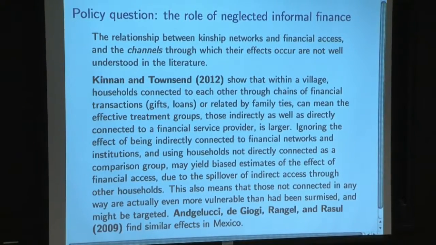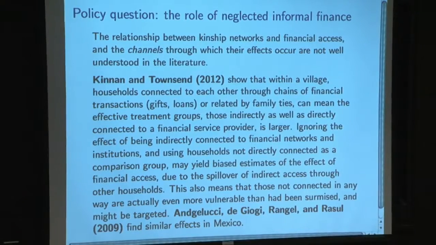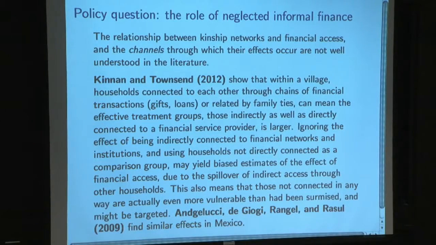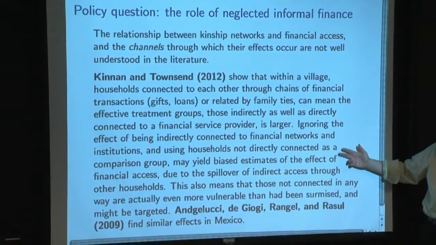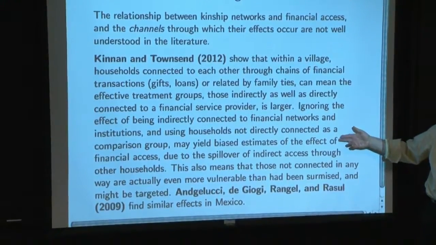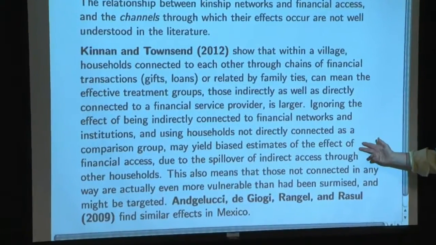So we have the measured chains of financial transactions, gifts and loans, from one family to another. So we've already talked about the fact that people with indirect connections who are not directly customers but are connected through other households are going to do quite well.